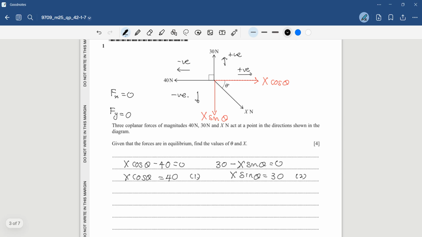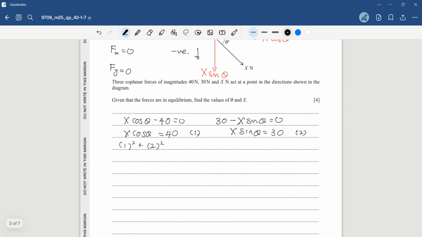In order to find x, the first thing I do is equation 1 squared plus equation 2 squared. So it's going to be x square cos square theta plus x square sine square theta is equivalent to 40 square plus 30 square. The x square is the same term, so we can factorize it.